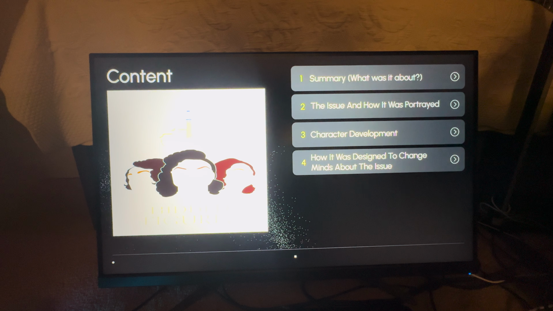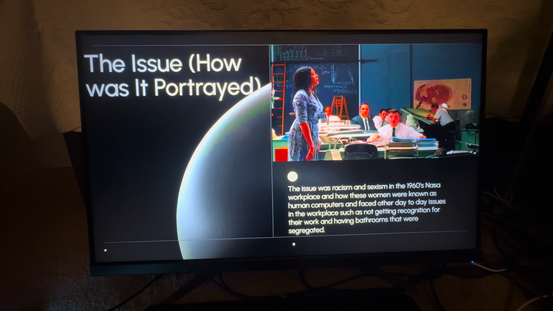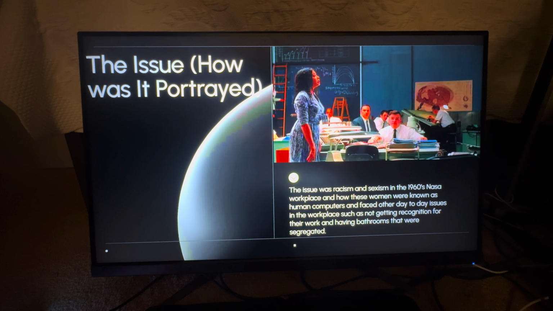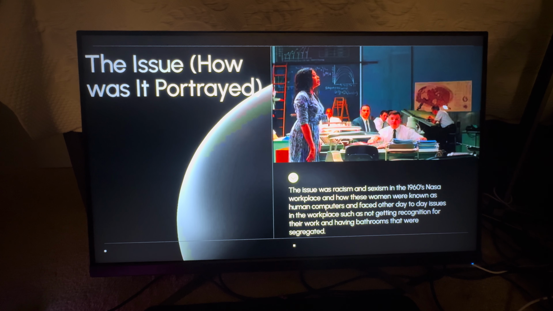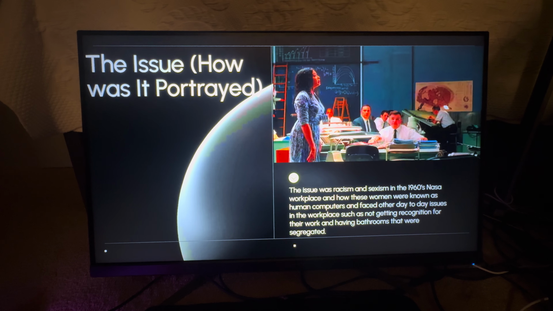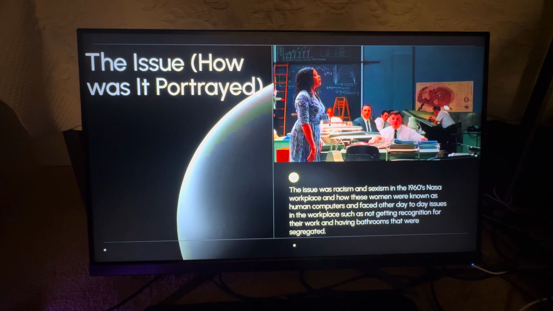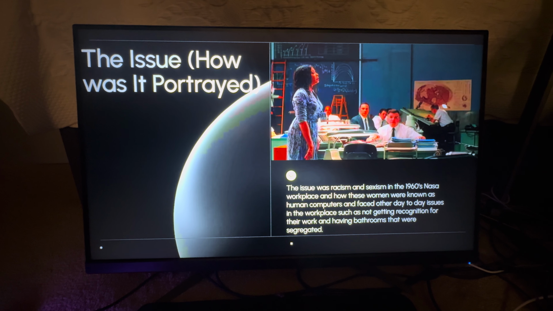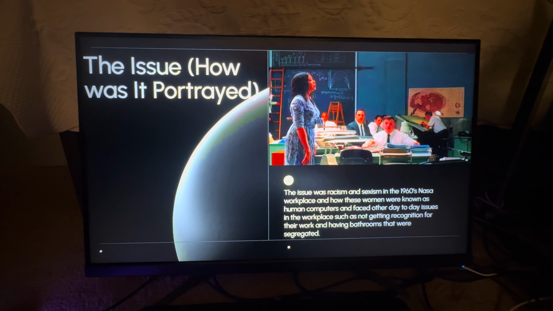This is the next slide, the issue and how it was portrayed. The issue was racism and sexism in the 1960s NASA workplace, where these women were known as human computers and faced other day-to-day issues such as not getting any recognition for their work and having segregated bathrooms. This film is based in the 1960s.